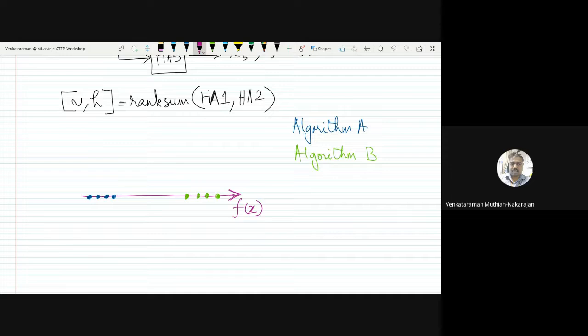Let us say it is a minimization problem. So you can clearly make out that algorithm A is superior to, better than, algorithm B.